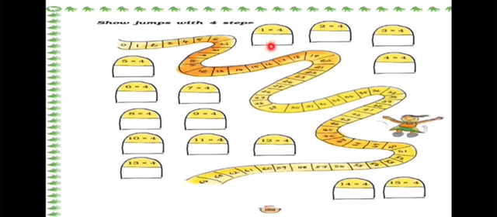So 4 1s are 4, 4 2s are 8, then 4 3s are 12, then 4 4s are 16, then 4 5s are 20, then 4 6s are 24, 4 7s are 28, 4 8s are 32, 4 9s are 36, 4 10s are 40, 4 11s are 44, 4 12s are 48, 4 13s are 52, 4 14s are 56, and 4 15s are 60.